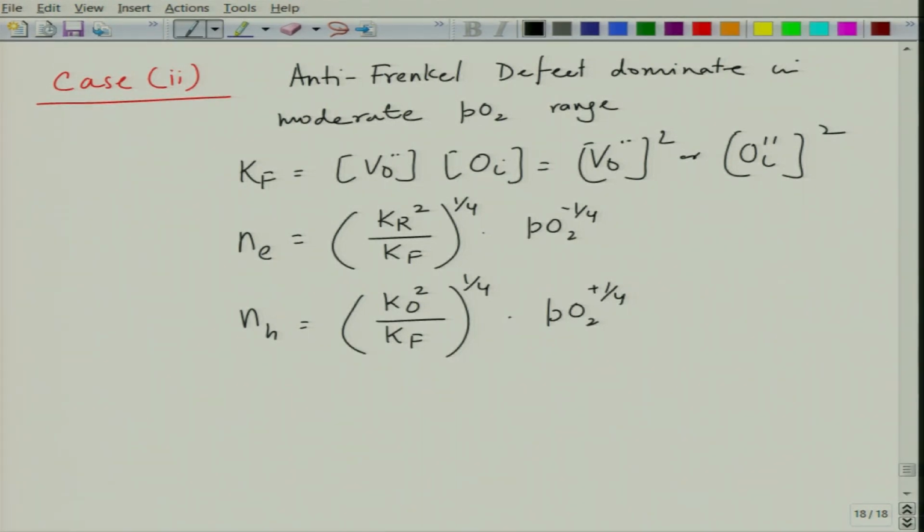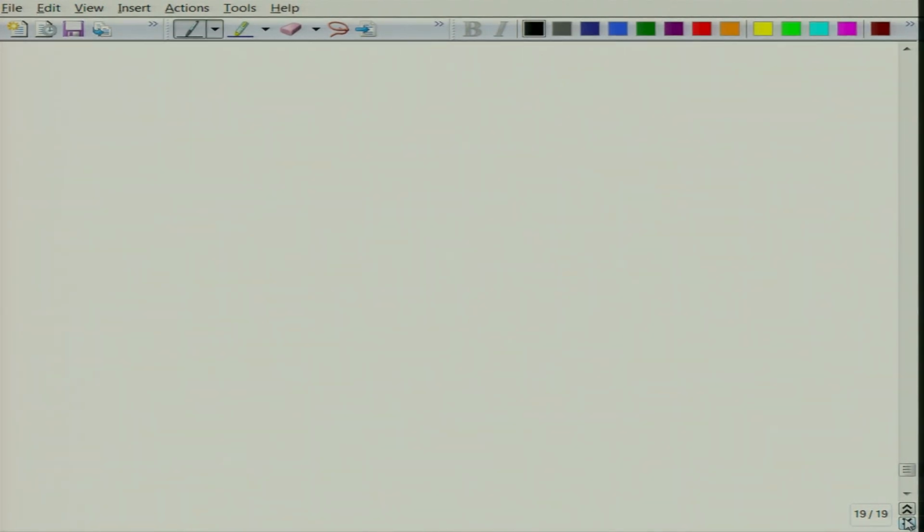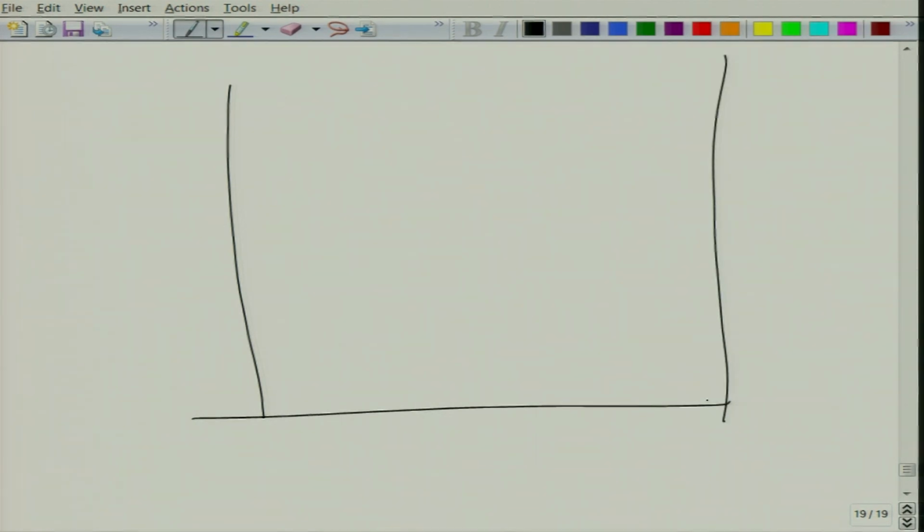In the first case we saw that the slopes were of some type, in this case we will have slopes of another type. So again we make this plot of log of defect concentration versus PO2, again with 3 regimes: high, intermediate, low.